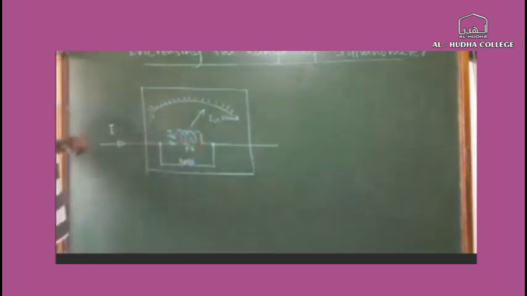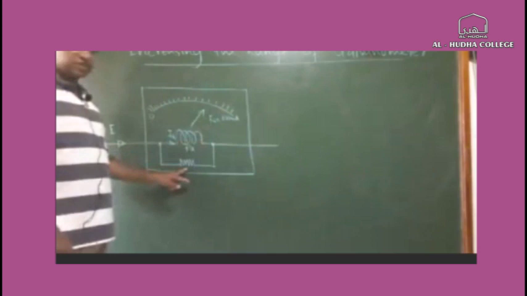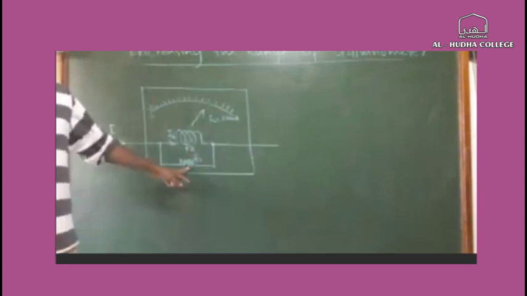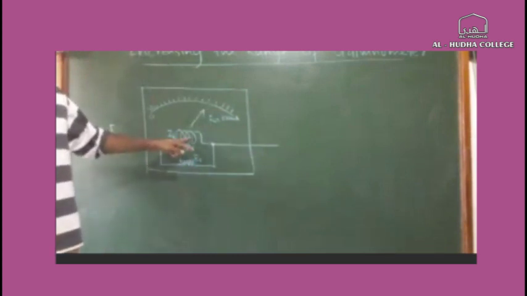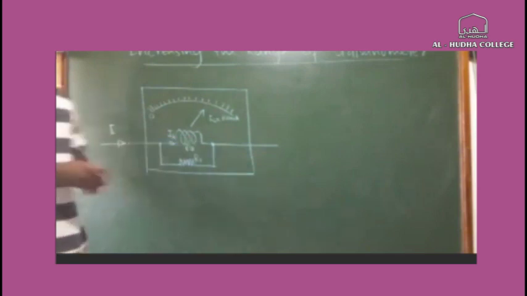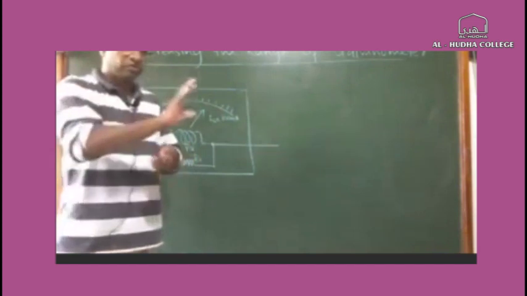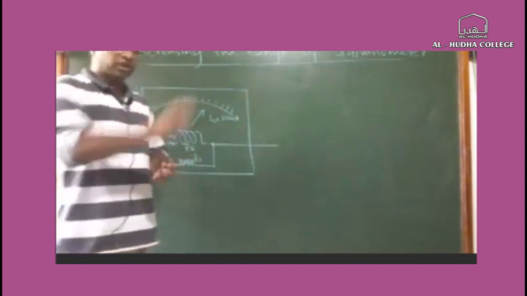So therefore, this shunt resistor Rs should be very much smaller than Rg, right? Because a resistor is something that gives a block to the current flow, right? Resistance to the current flow.